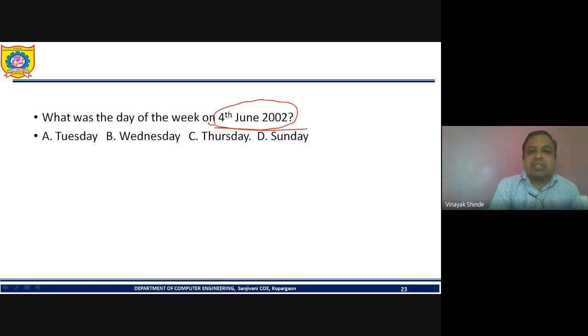The same kind of questions are asked in aptitude tests. They give you the date, and you need to find out the day. So what we need to do is find out the odd days till 4th June 2002.